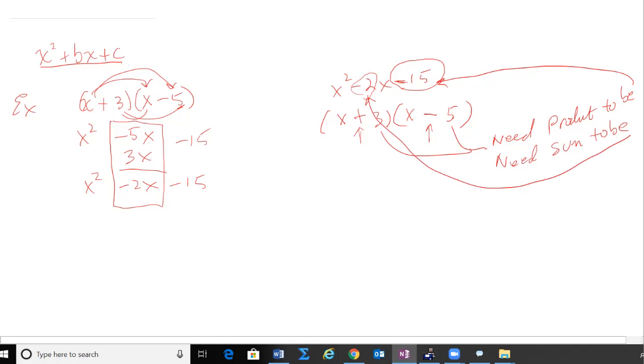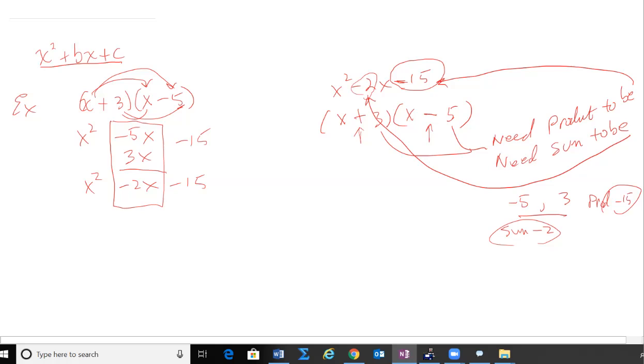Okay, so we need two numbers whose product is negative 15 and whose sum is negative 2. So you think through your mind, and you come up, using your multiplication tables, with those numbers. And I did it. I had negative 5 along with a positive 3. I know that the sum is a negative 2, and the product is a negative 15. So it's all good.